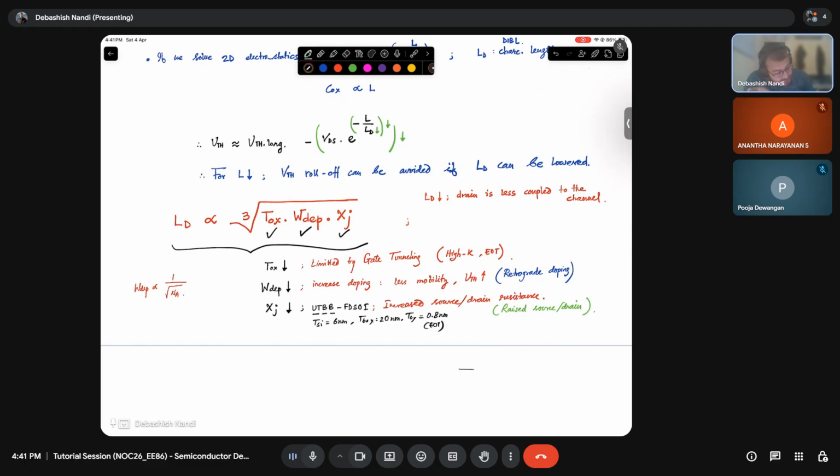In FDSOI, if this is your source and drain and this is your box, very thin, and this is your oxide, this is gate, let's say.